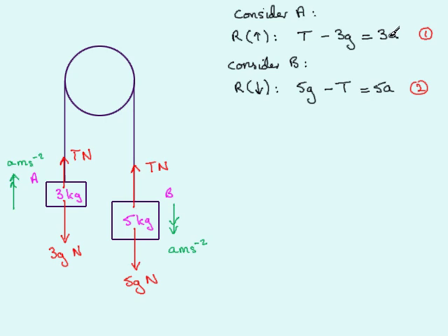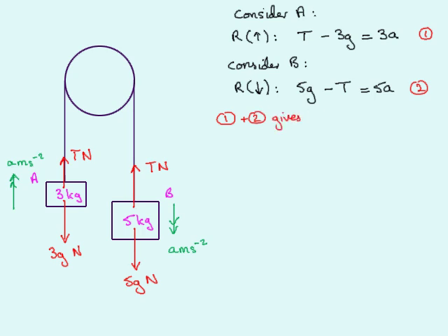So I have two equations which I can now solve simultaneously to find out the acceleration and the tension. And the best way of solving these types of equations is to notice that the T's would cancel out if I was to add equation 1 with 2. So I'll say here that what we'll do is equation 1 plus equation 2. And what does this give us?